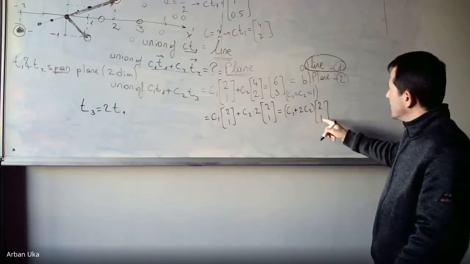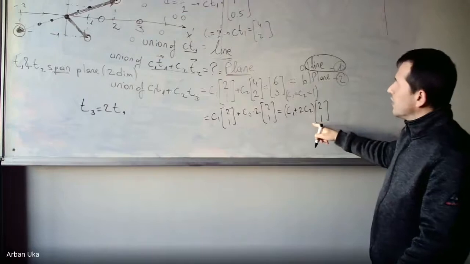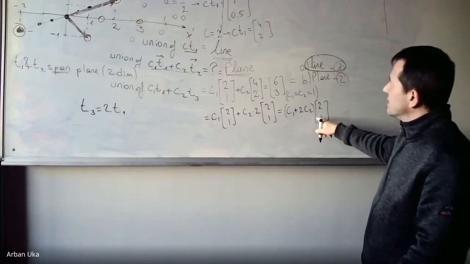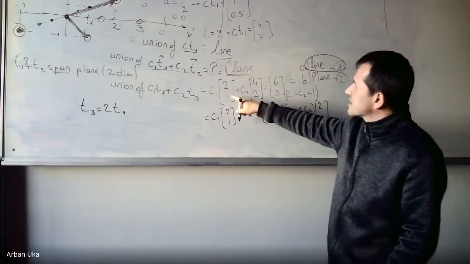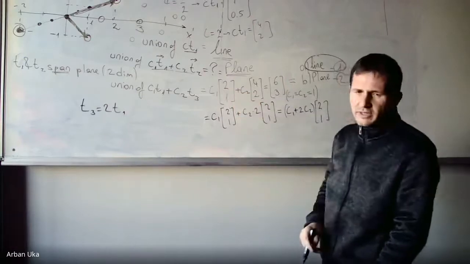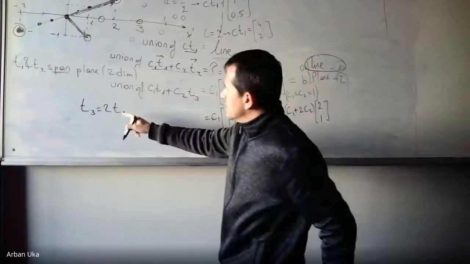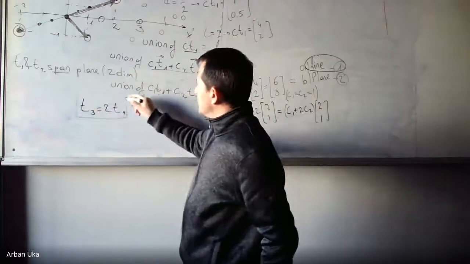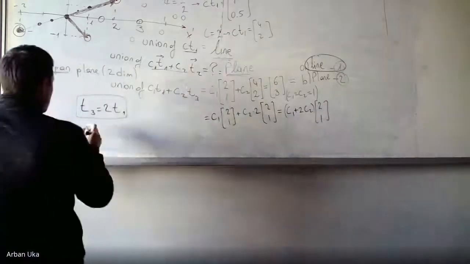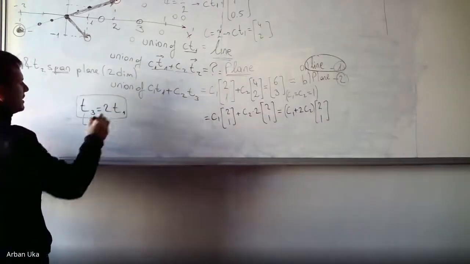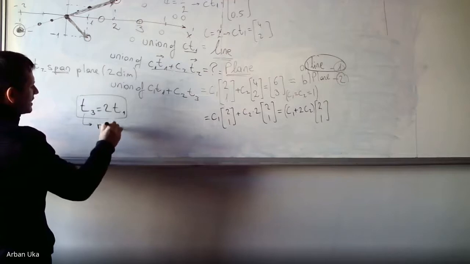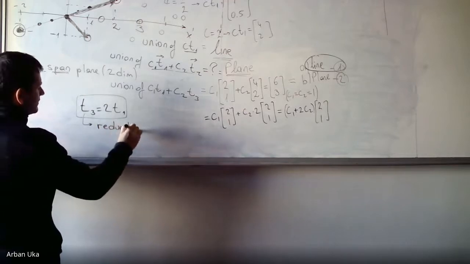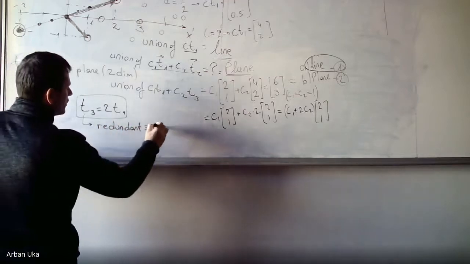And this was also a random number. So since we can write it like this, it means that all the points can still be described by this vector 2, 1, okay? Because T3 is equal to 2T1, which means that if we give the T3 here, it is redundant or useless.